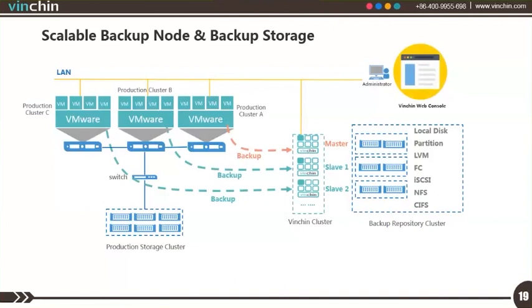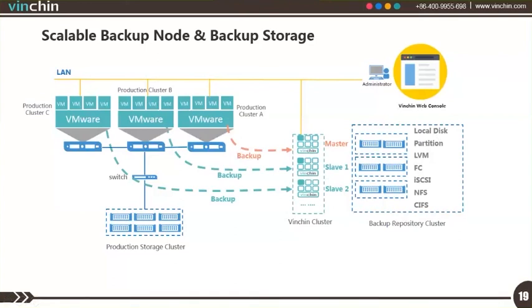And also all the backup nodes can support different repository storage types. Here I have written local disk partition, logical volume, and FC, iSCSI, NFS, and CIFS. Currently, Vinchin supports all of these storage types as backup repository.